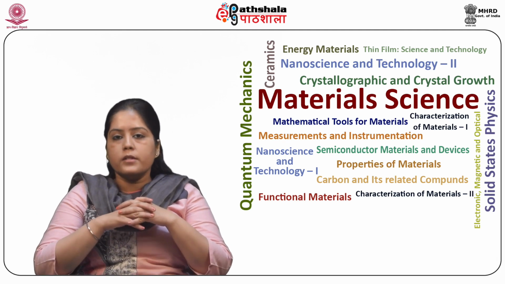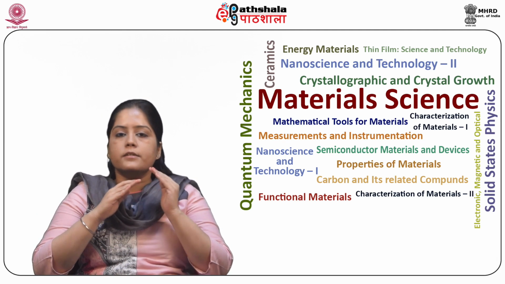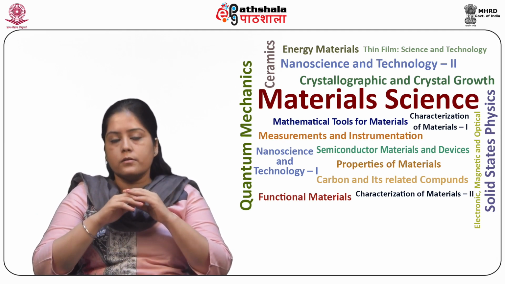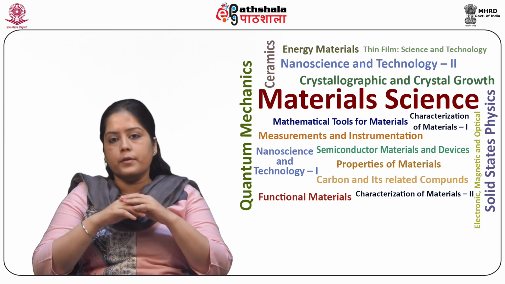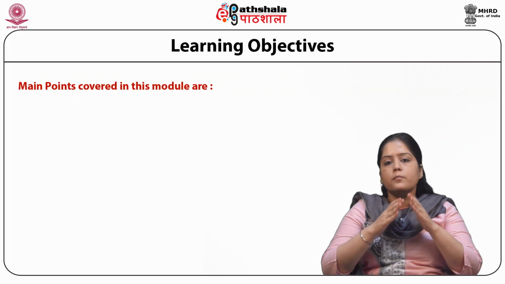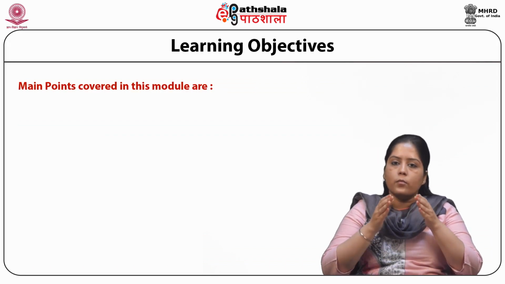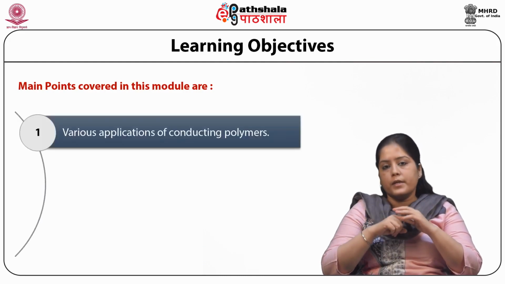Today we are going to discuss the module Device Applications of Conducting Polymers from the paper Functional Materials. The main points which will be covered in this module are: first, various applications of conducting polymers.